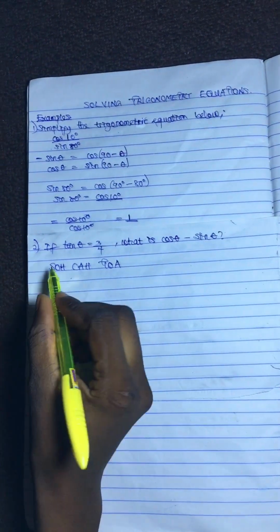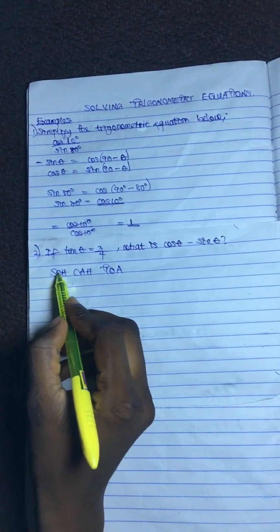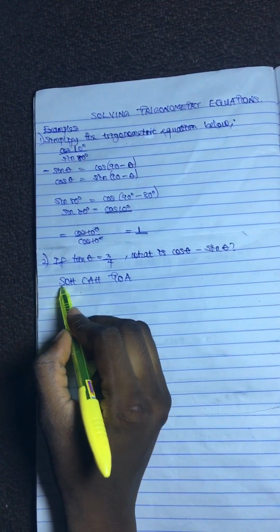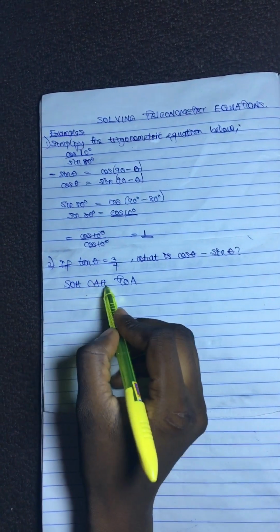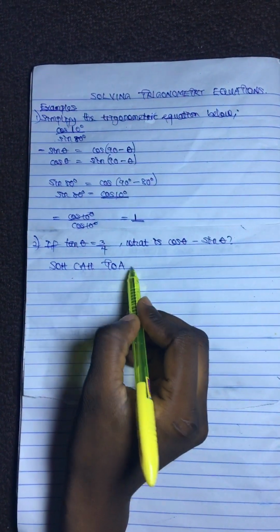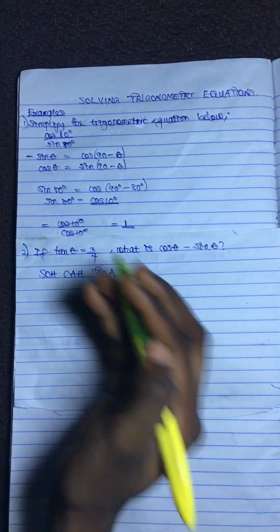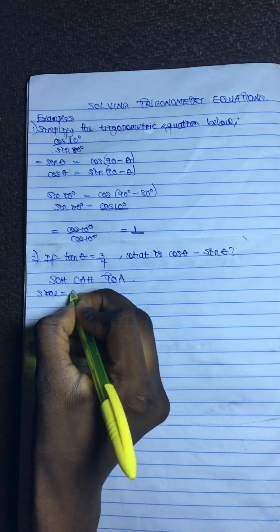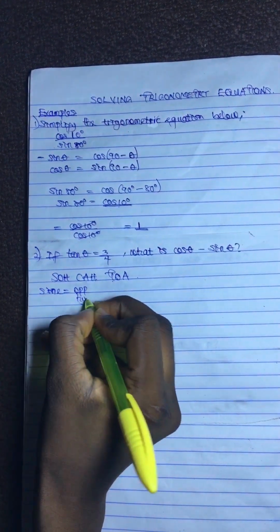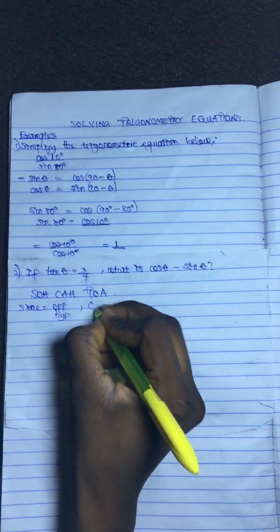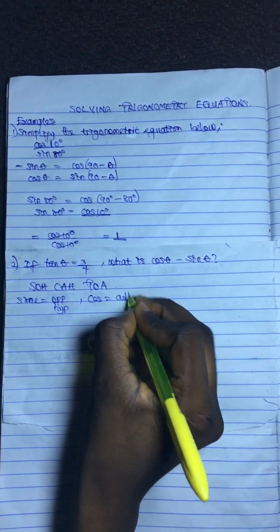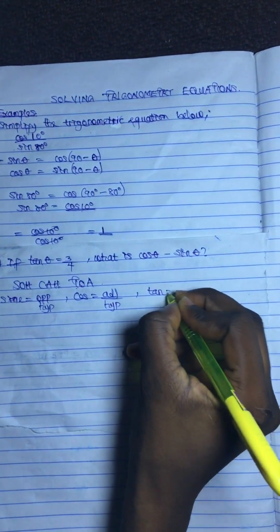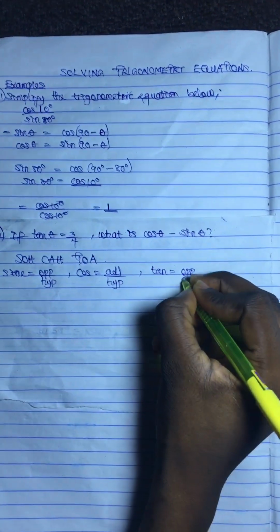We all know that SOHCAHTOA means sine equals opposite over hypotenuse, cos equals adjacent over hypotenuse, and tan equals opposite over adjacent.